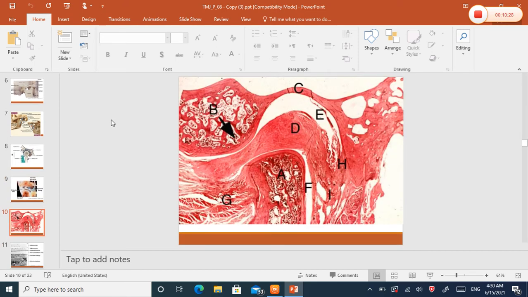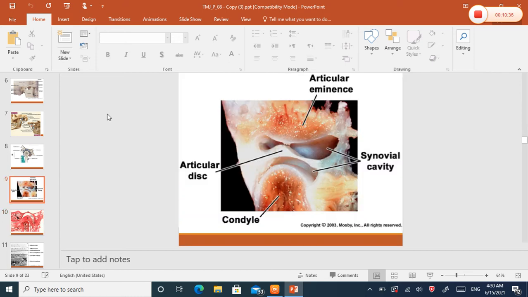Synovial membrane lines the internal surface of the meniscus. Synovial fluid lubricates the articulating parts. This is the synovial cavity. All this area is surrounded by what we call synovial membrane, which lines the internal surface of the meniscus. Synovial fluid, what is its function?